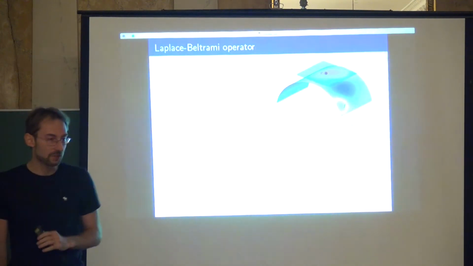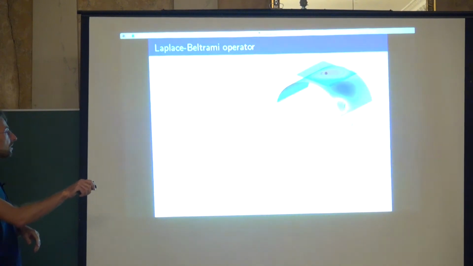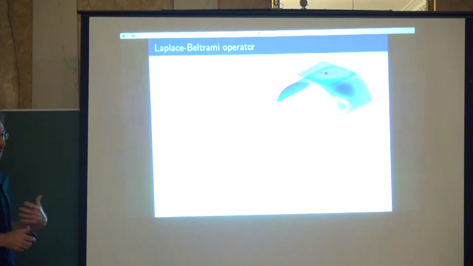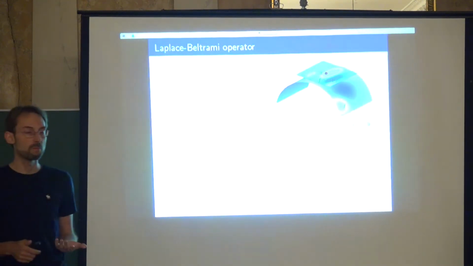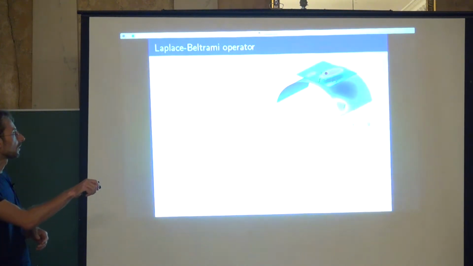Okay, now back to our differential operators. So imagine now we have a scalar field that is defined on our surface. Okay, so in order for the previous definitions to work, we just need to map it to the tangent plane. Okay, and for this purpose we use the exponential map. So we compose our field with the exponential map, and we get a scalar field in the tangent plane.